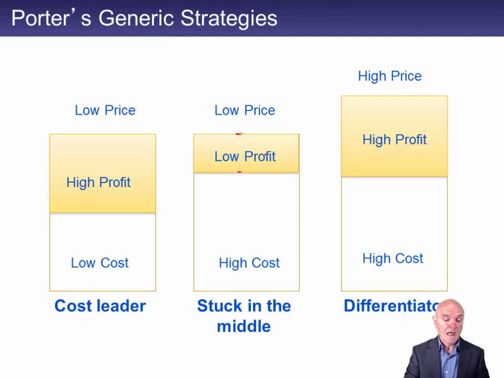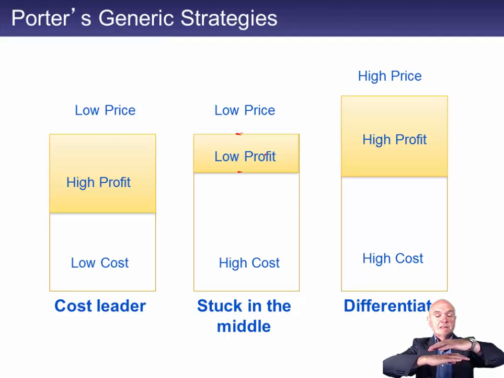Their costs are quite high, and so they're being squeezed. They're stuck between low selling price and high costs. They're clinging on with the tips of their fingers. They haven't really got enough money to research and promote new products. Their life is probably going to be a bit nasty and short.